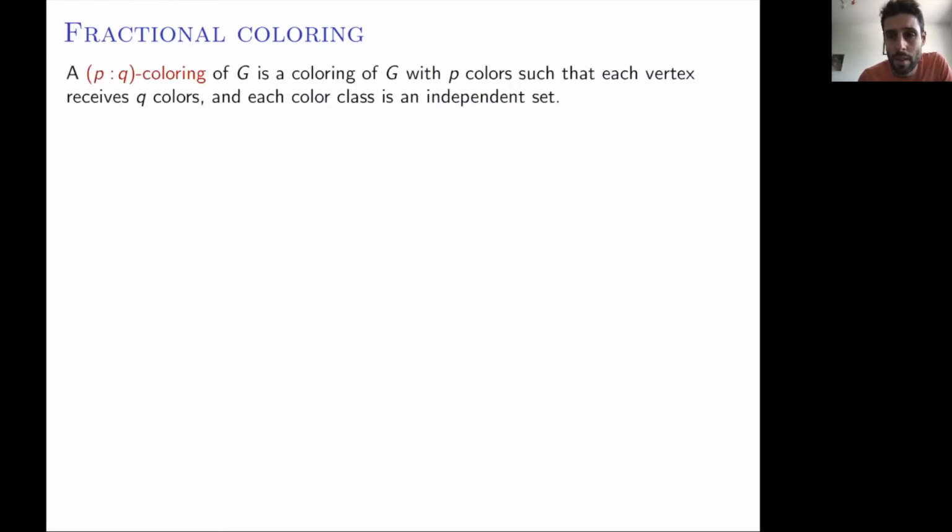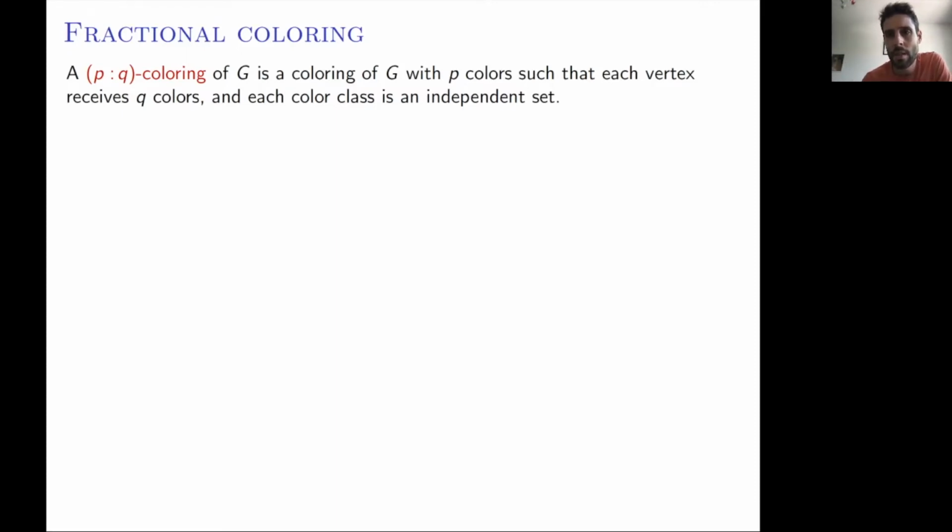Okay, so let me now give a precise definition of fractional coloring. For integers p and q, a (p,q)-coloring is a coloring of the vertices of a graph where each vertex has q colors out of p general colors. So colors are 1, 2, 3 up to p, and each vertex takes q colors, and you want each color class to be an independent set.